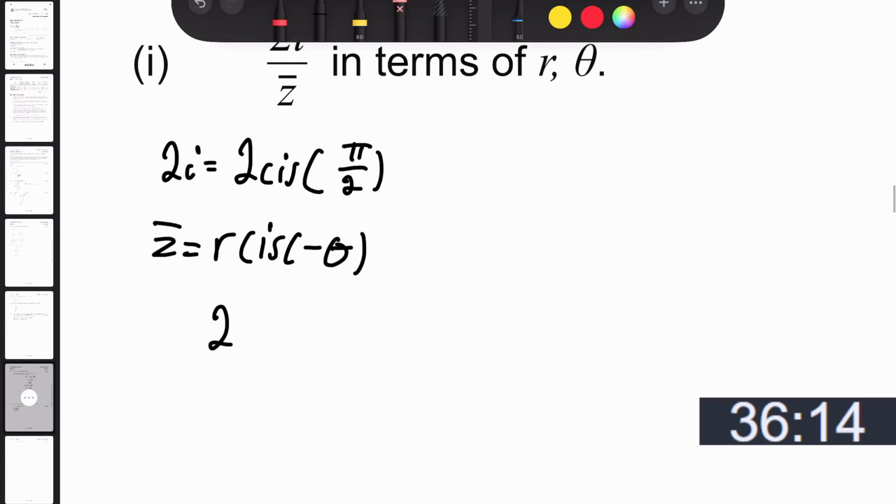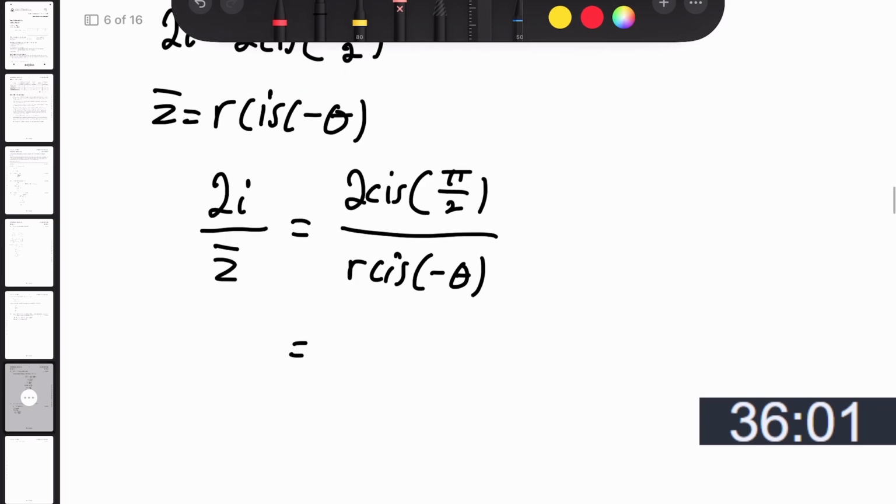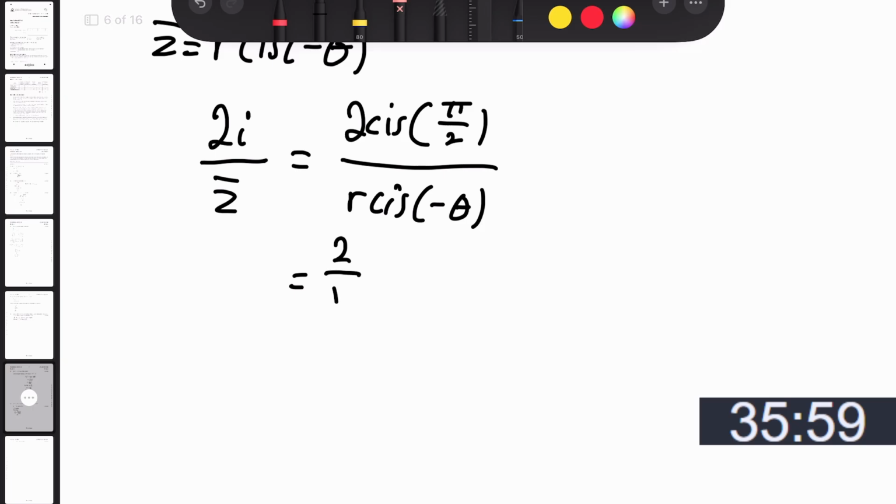So then 2i over the conjugate is equal to 2 cis of pi on 2 all over r cis of negative theta. When I'm dividing, I do divide the size, and then it'll be cis of pi on 2 minus negative theta, so cis of pi on 2 plus theta.